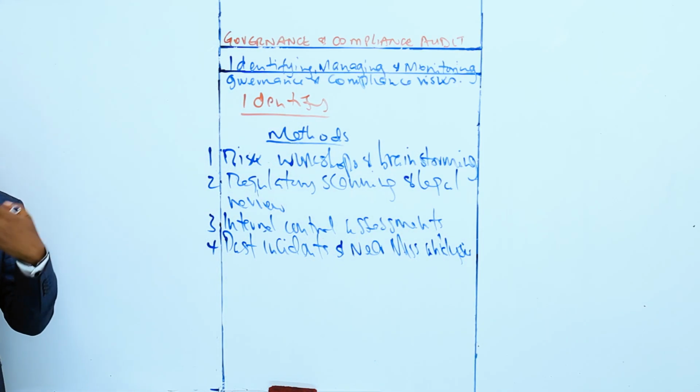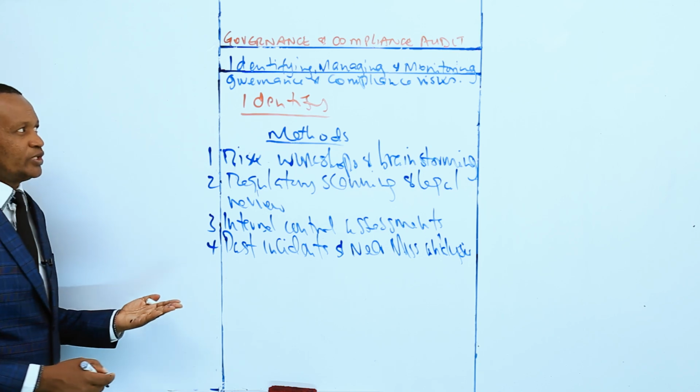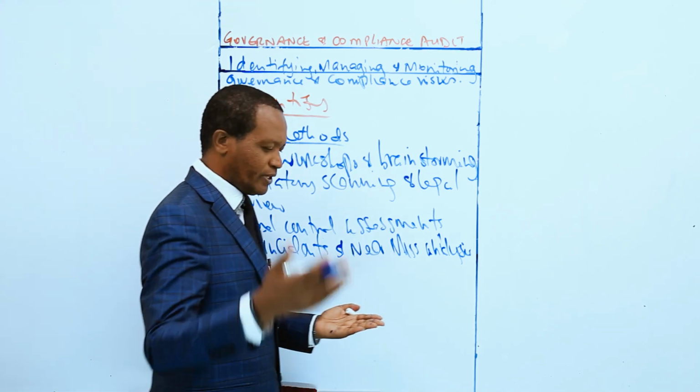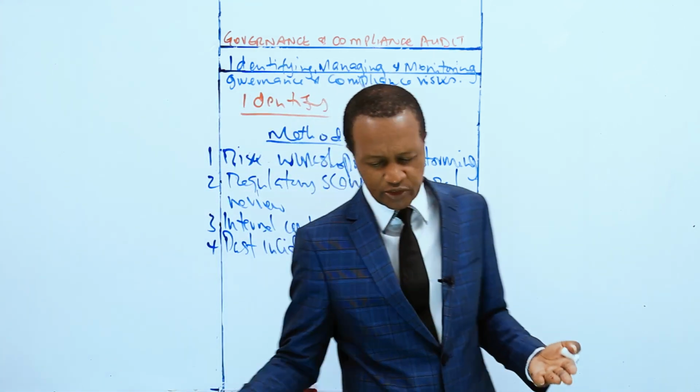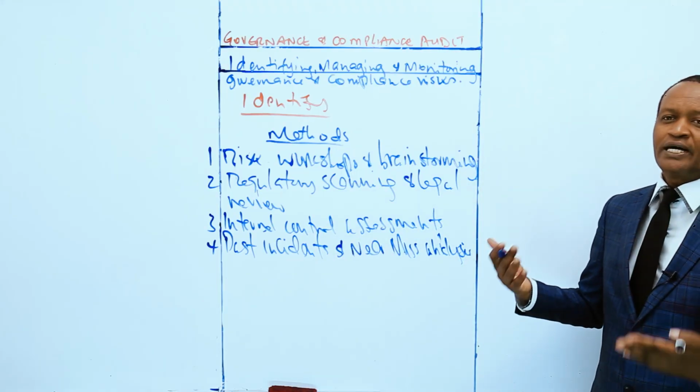That means reviewing historical instances of non-compliance, historical instances of legal breaches, internal policy violations, and governance failures. So that's one way to identify risks. You can go back to the history of the company and find out if the company has violated laws in the past.